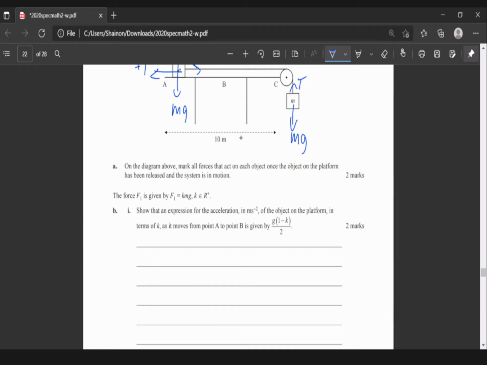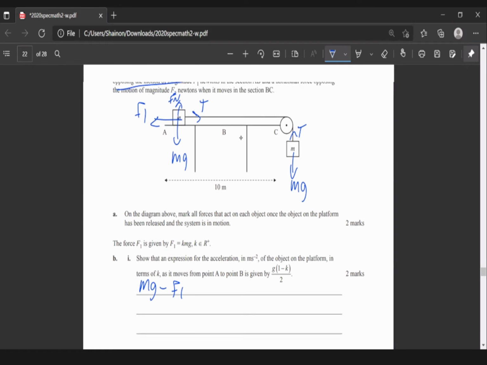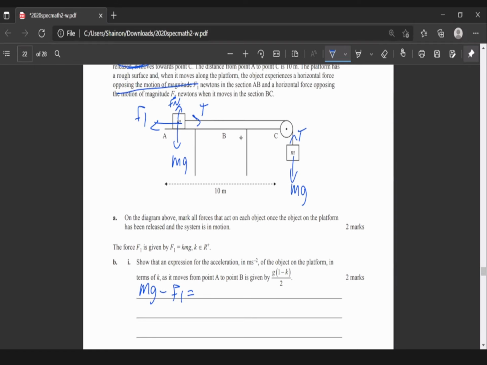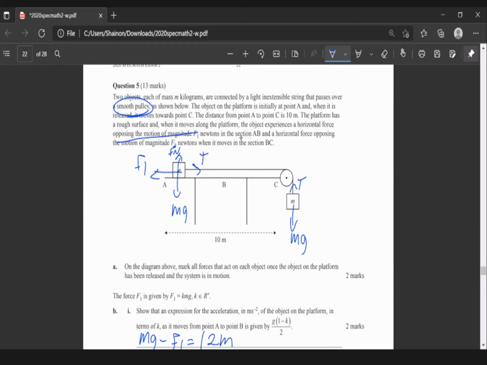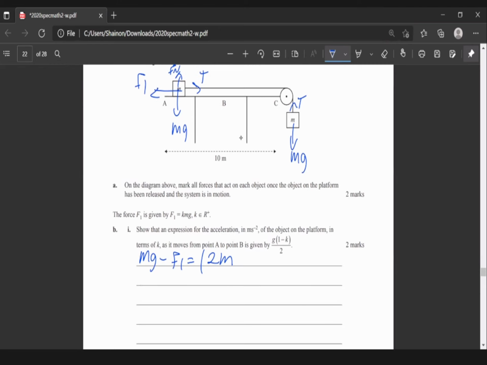So the force is given by this. Show the expression for the acceleration. So mg minus F1 is equal to the total mass, 2m, since they have the same mass, times a.